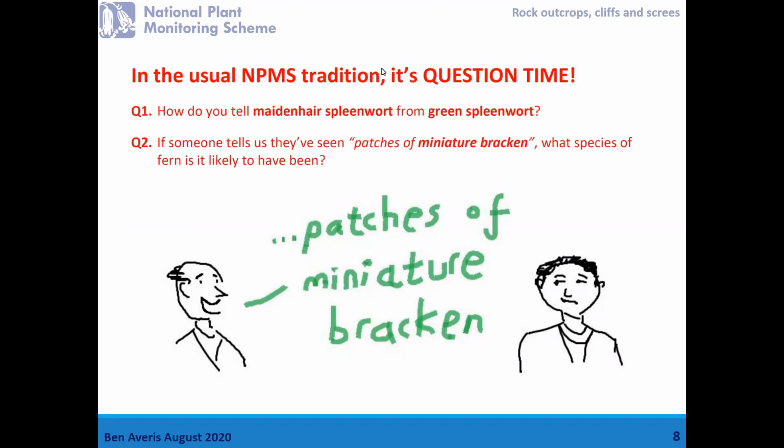Quiz 1 in progress. How do you tell the maidenhair spleenwort from the green? There's a multiple choice question here. And if somebody thinks they've seen patches of miniature bracken, what do you think they've been looking at? Interesting to see the answers here.